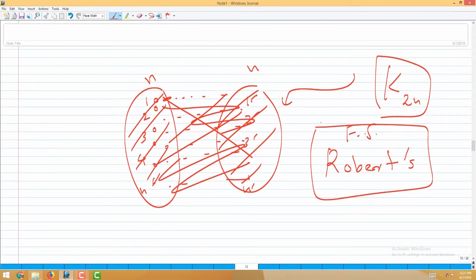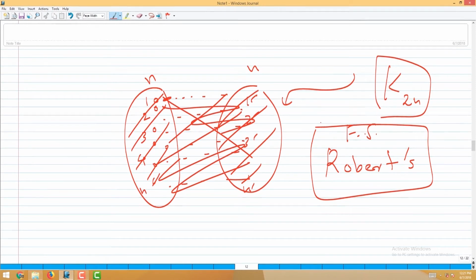Yeah, this is K_{2n} bar or something like that for some people, because this is the complement of a collection of edges. Some people call it cocktail party graph, and some algebraic graph theory books say cocktail party graph.